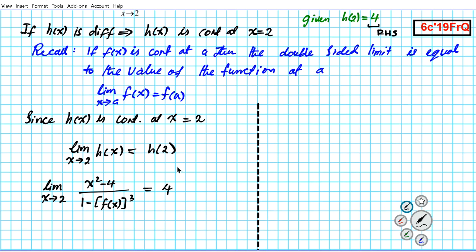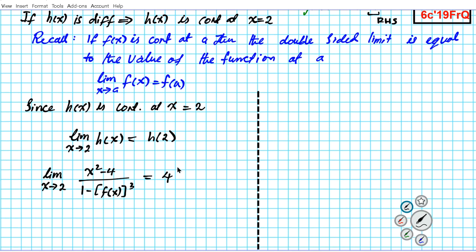When we make our substitution, you're going to see f of 2 identify itself. This is a finite limit, so we substitute on the left side: 2 squared minus 4 divided by 1 minus f of 2 to the third power equals 4.